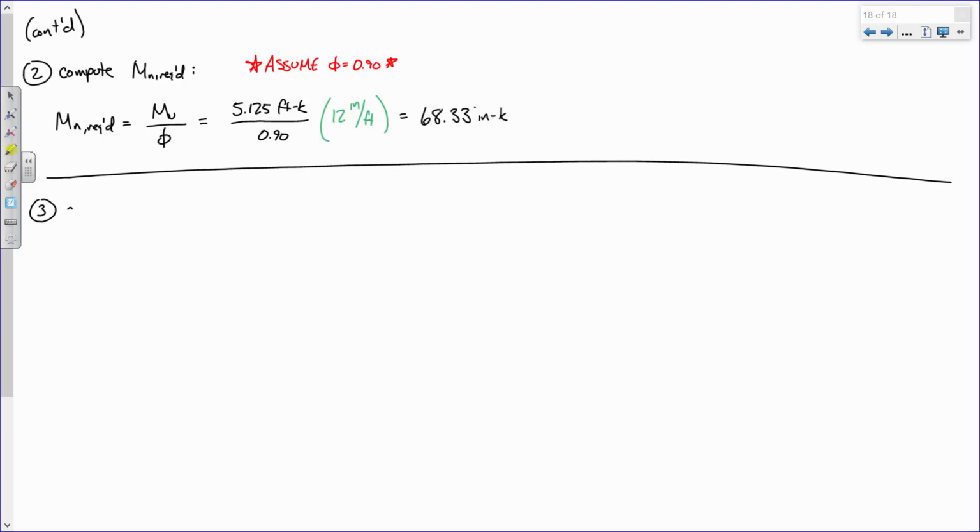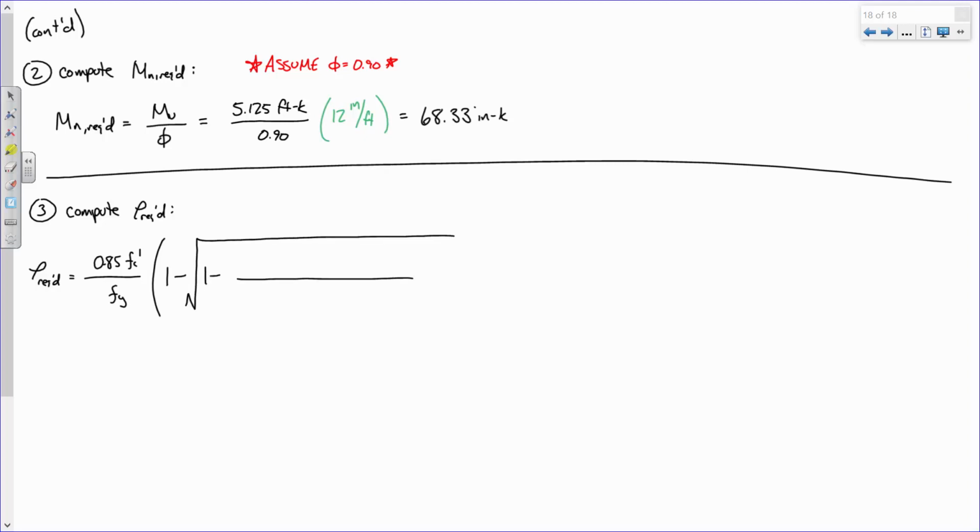Step 3, compute our rho required. And remember, our reinforcement ratio, that formula is a little big, so take your time with it. Okay, so 1 minus the square root, 1 minus 0.85 f'c b d squared, 2 MN required.